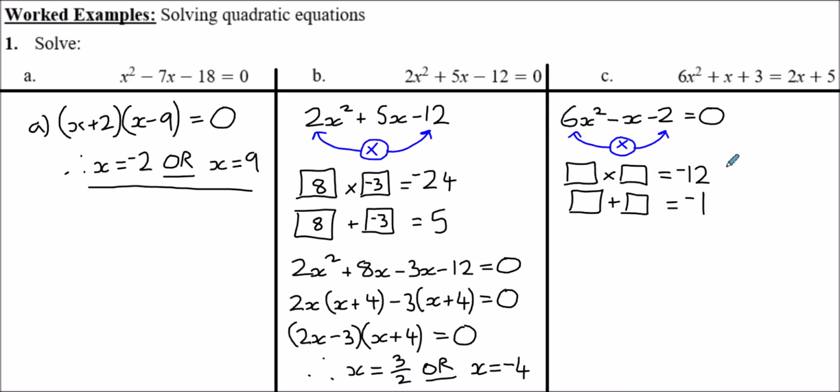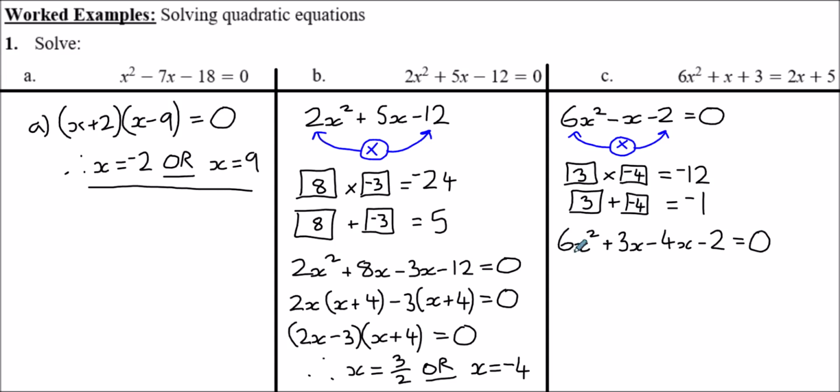Does anybody know? Hopefully most of you know that it's going to be 3 and negative 4. So we partition this minus x into a positive 3x and a negative 4x. So that's what we have now.